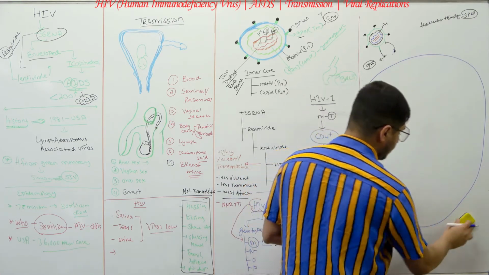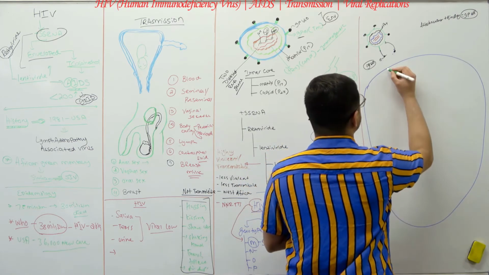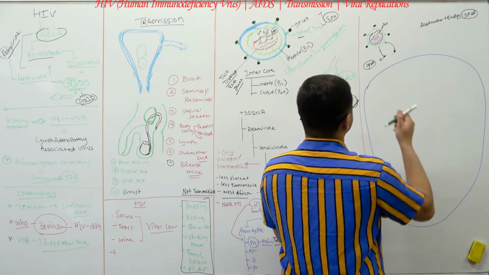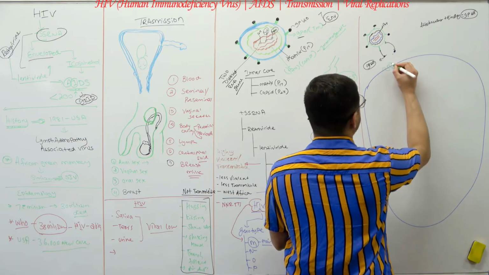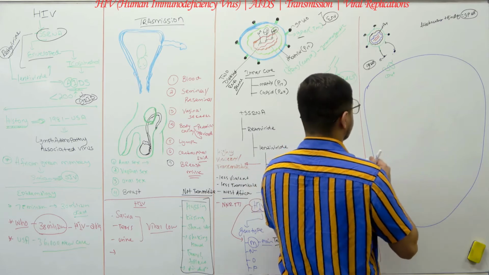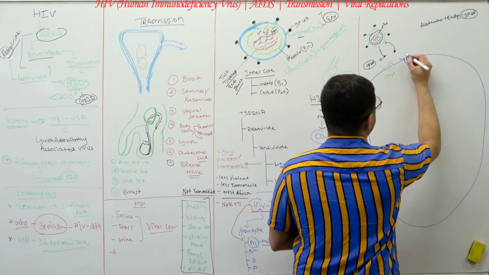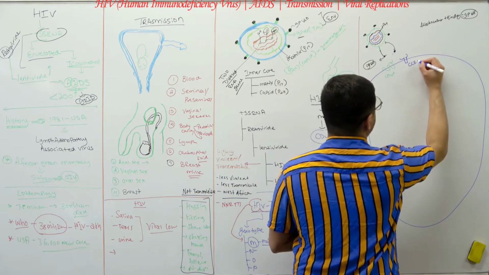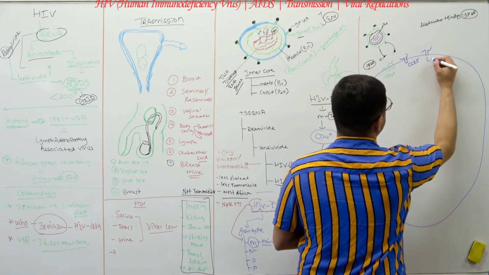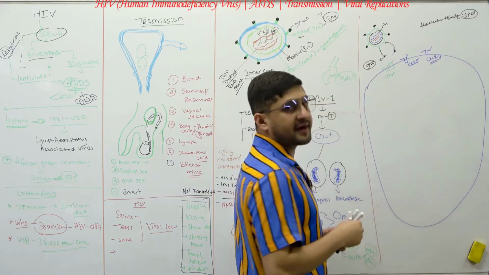It has a receptor. These are CD4 positive cells, and it has a receptor, which could be CCR5, or for our case we can even say CXCR4. I'll just write it down here.